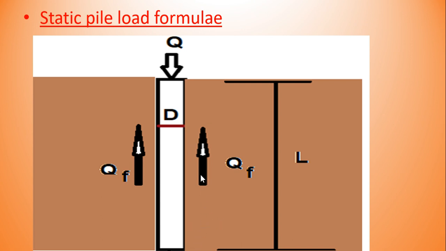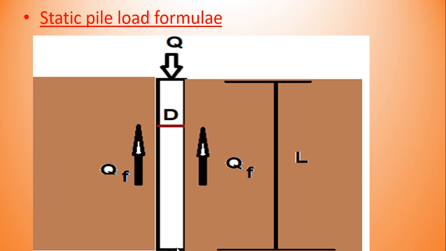This is the ultimate skin friction resistance of the pile, QF. It is only when the load at the top of the pile exceeds QF that the load in excess of QF begins to be transferred to the soil at the base of the pile.